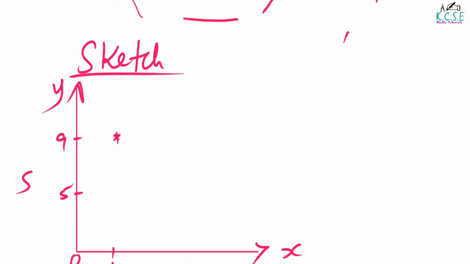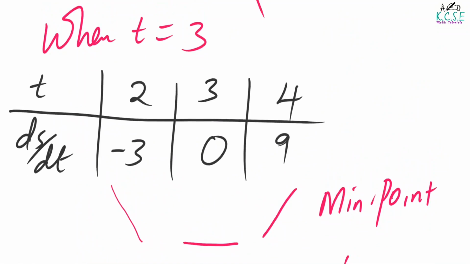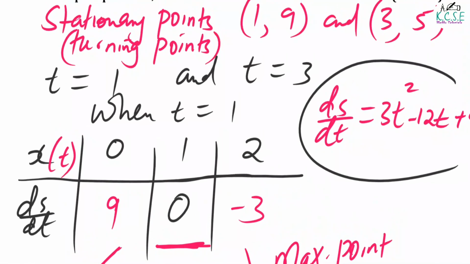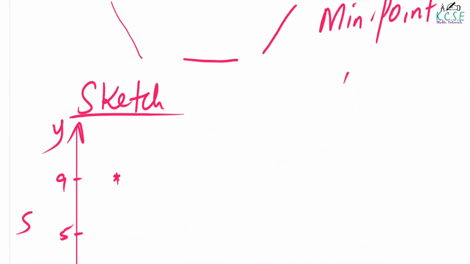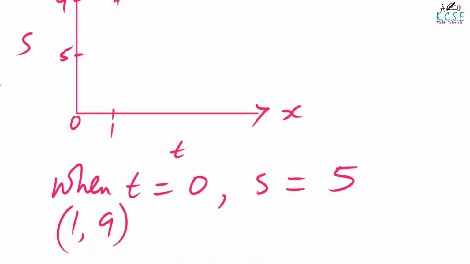And then the other stationary point is 3, 5. So 3 is somewhere, you can put it somewhere there. So 3, 5, that is the other point. So those are the points that we need to use. Those will give us a sketch.